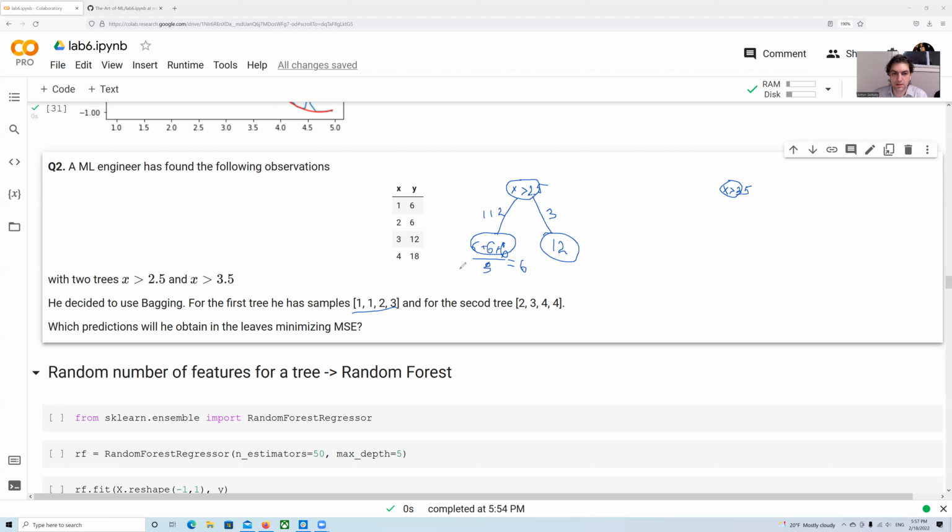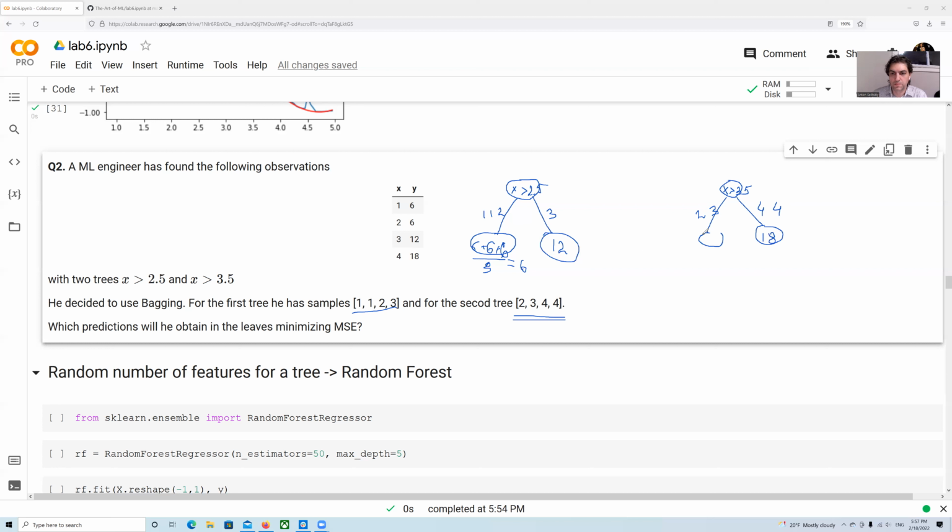Let's take a look at the next possible tree. X greater than 3.5, and our Bootstrap sample is 2, 3, 4, 4. So we have twice 4 in the right class and 2 and 3 in the left class. So for twice 4, we will get average 18.